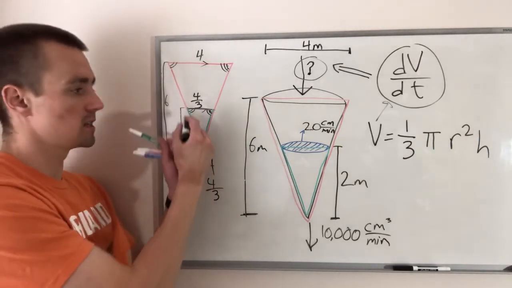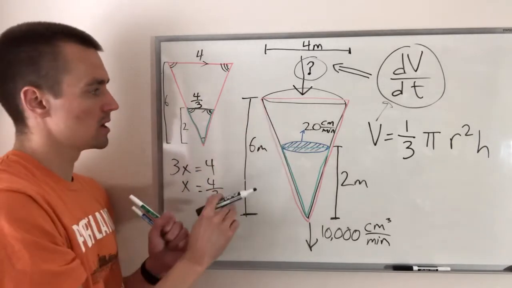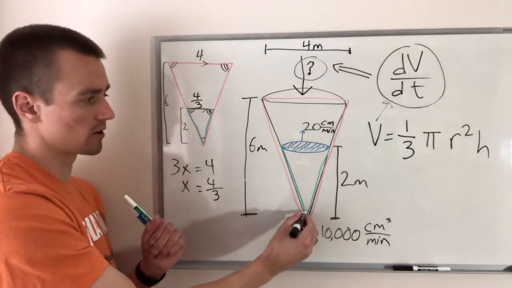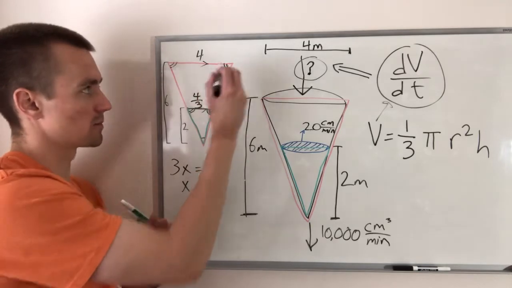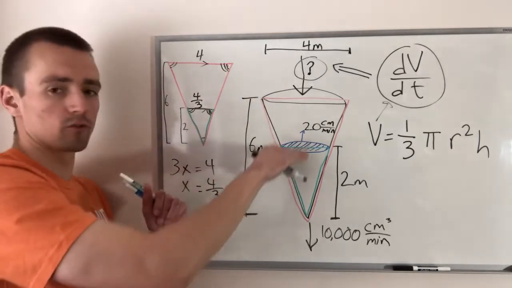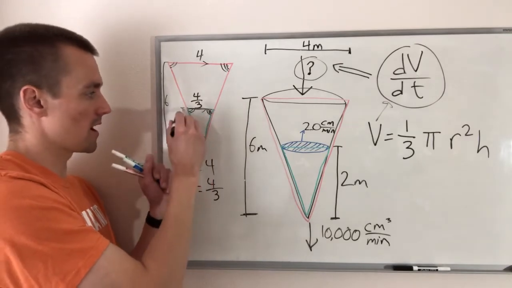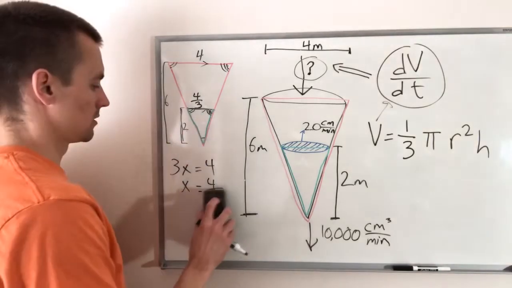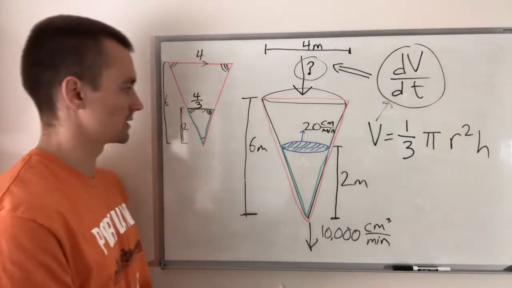It's going to maintain that same ratio as the water fills up here because these two cones share this angle down here, and we know that these angles are always going to correspond with each other, no matter how full the water is. So this ratio between the diameter and the height is going to be maintained as the water fills up. So we can set up that ratio as its own ratio.